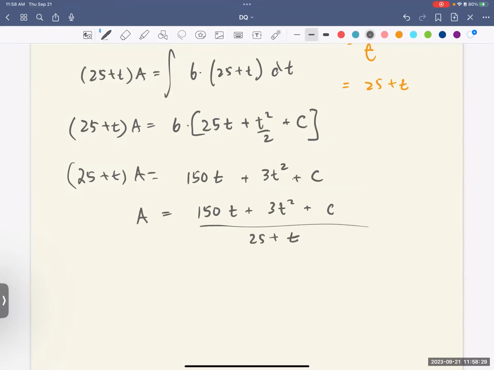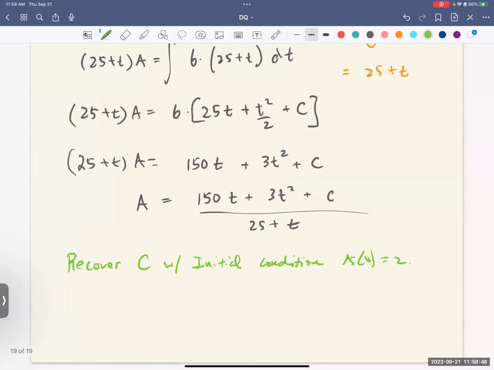There we go. But now we need to find our constant with the initial condition. So let's recover C with our initial condition, which was A of 0 is 2.